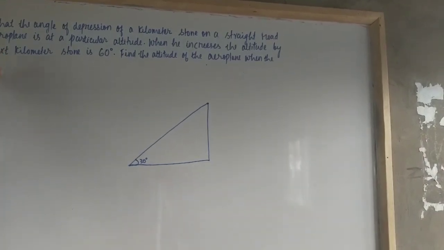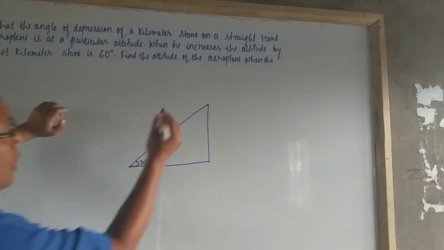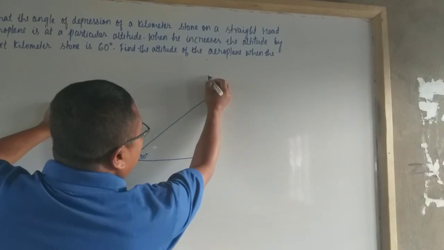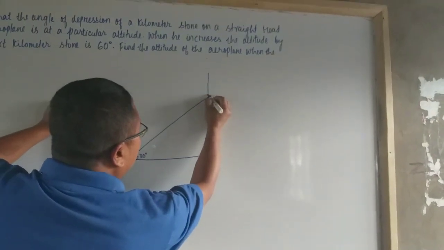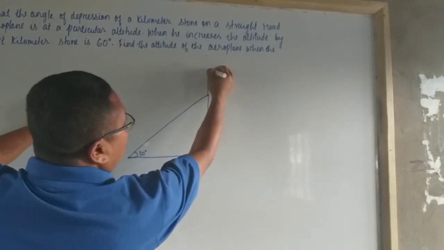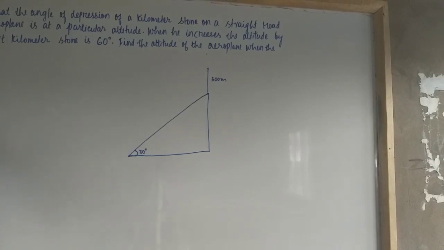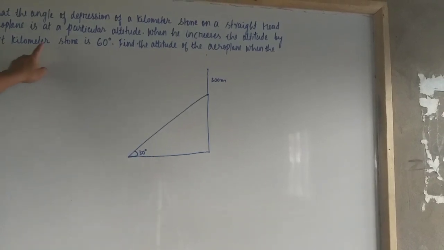Now when he increases the altitude by 300 meters, the position of the aeroplane now increases by 300 meters. So this is 300 meters. Now the aeroplane is actually here. Let's see the question again. The angle of depression of the next kilometer stone.